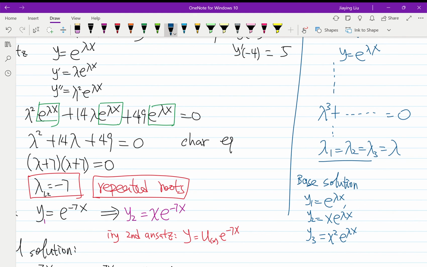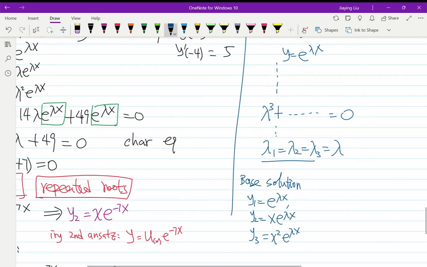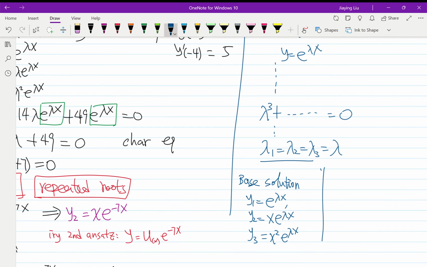Well, you probably wonder, what if two of them are the same? Suppose, not this case, suppose at the end we have lambda 1 equals lambda 2, but it's not equal to lambda 3. No problem. Let me write it down.